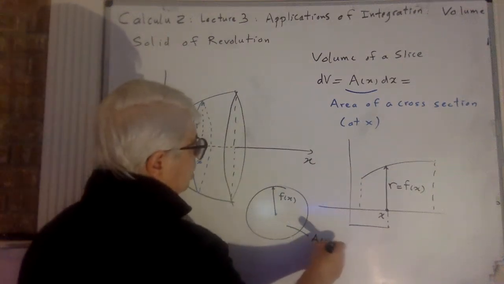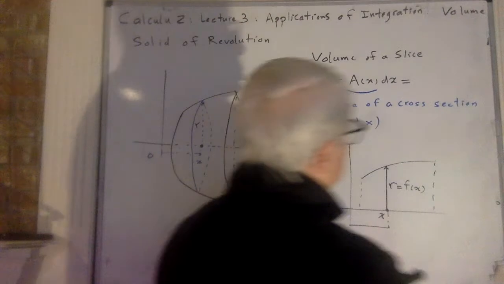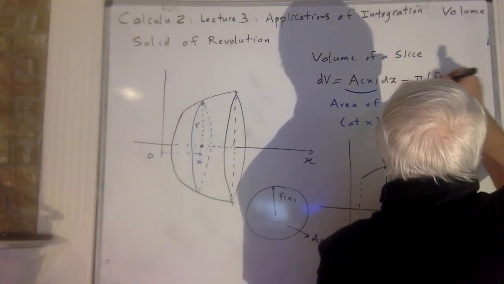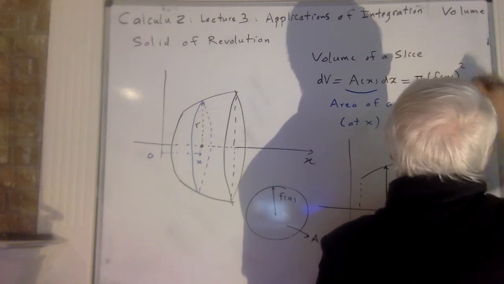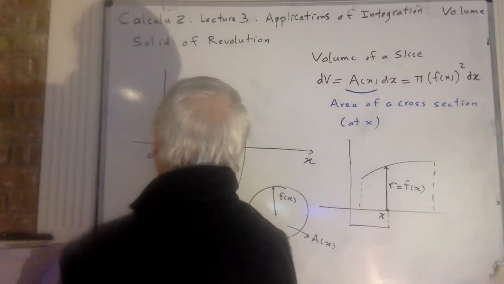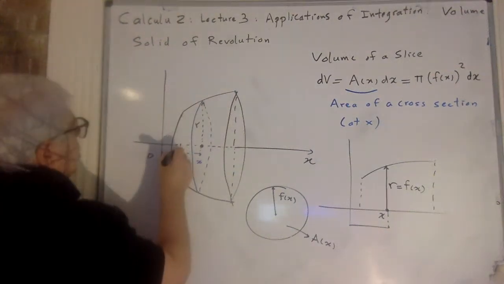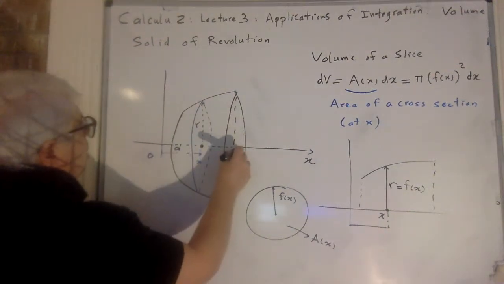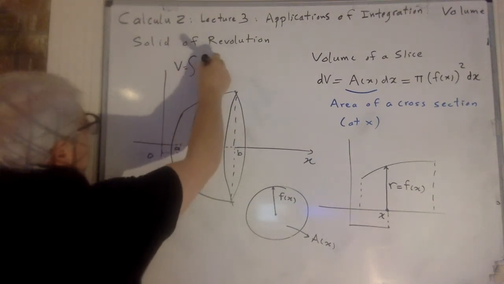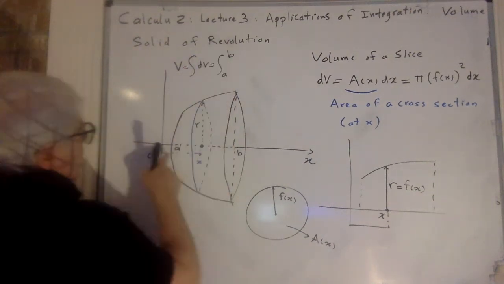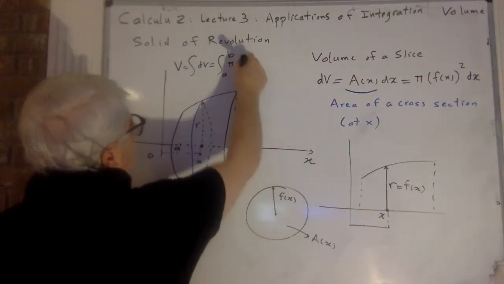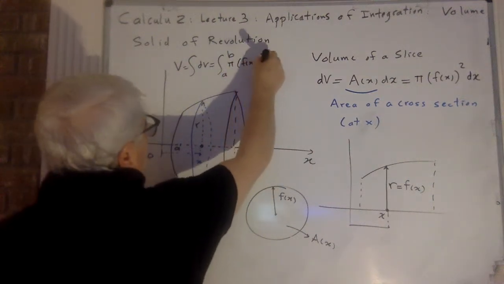So A(x) is pi r squared, which is pi times f(x) squared dx. So the volume of this solid of revolution, which is the integral of dV, is the integral from a to b, as x goes from a to b, of pi f(x) squared dx.